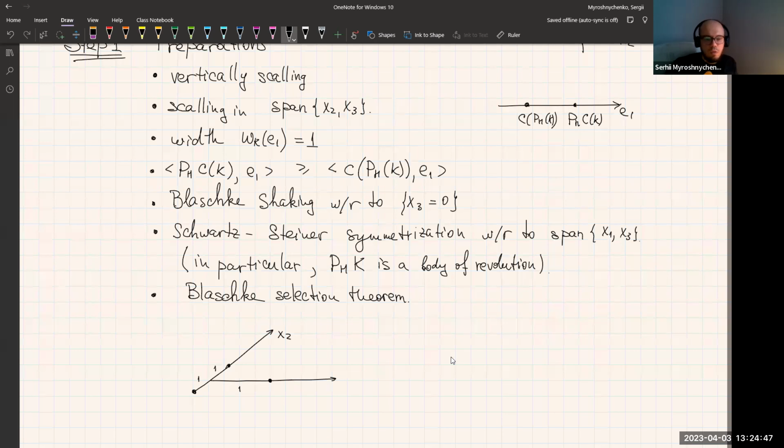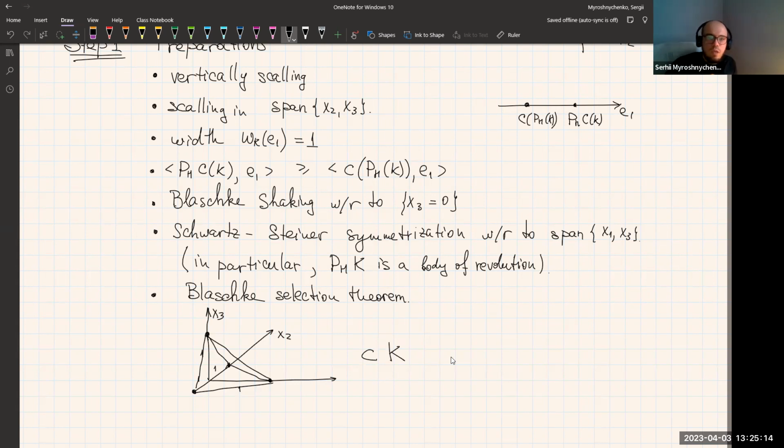And then since the height is up to us, it cannot be 0. Let's squeeze a segment of length 1 along the direction of x3. So this is 1 as well. So altogether, what we end up building inside of our body is a simplex. This simplex lives inside of K.